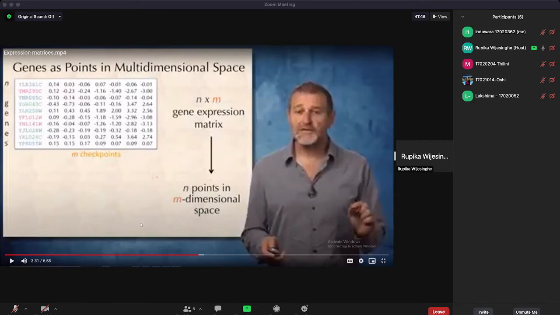That is because we know that this gene expression matrix is N into M, so we can say it is N points in M-dimensional space, right? So we can say that it is high dimensional data.